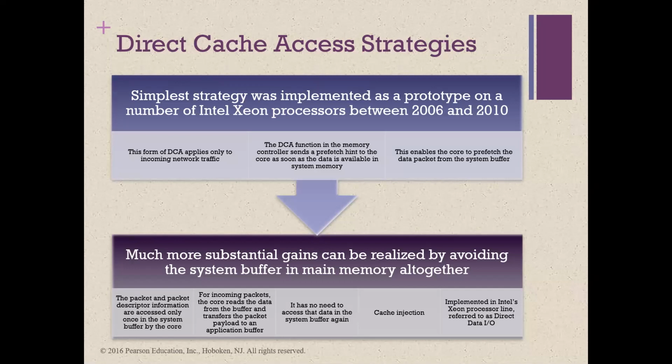This enables the core to prefetch the data packet from the system buffer, therefore avoiding cache misses and also the associated waste of the core cycles. While this simple form of DCA provides some improvement, much more substantial gains can be realized by avoiding the system buffer in the memory altogether.